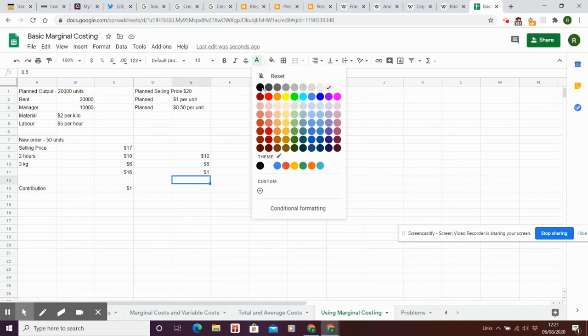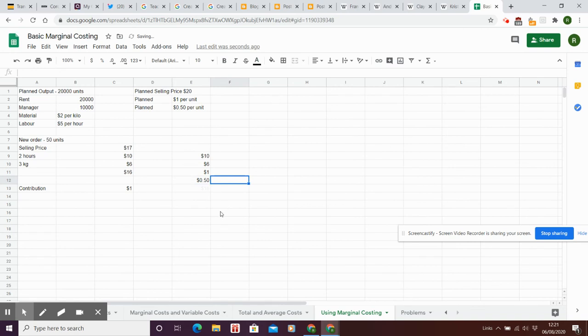So we're also going to need to cover 50 cents of manager cost. And therefore, the counter argument, if you like, is that really the real cost of production for this particular item is $18. And therefore, if we sell it at $17 and sold all our production at $17, then we would never ever make a profit because we wouldn't cover all of these costs for both rent and the manager.